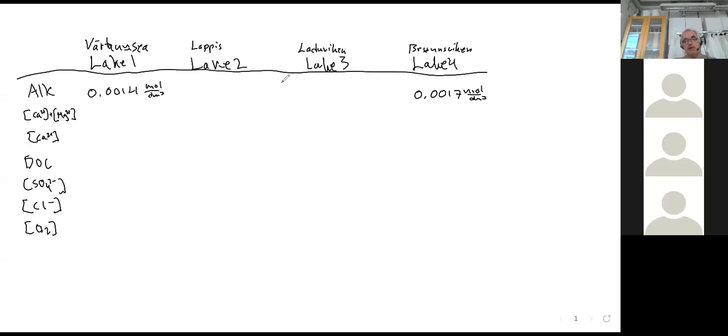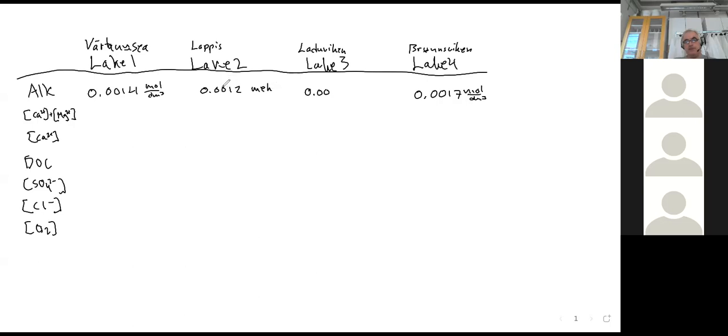Anyone more for Lake 2 and 3? We got 3.12 milliequivalents per liter for Lake 2. Surprisingly high.